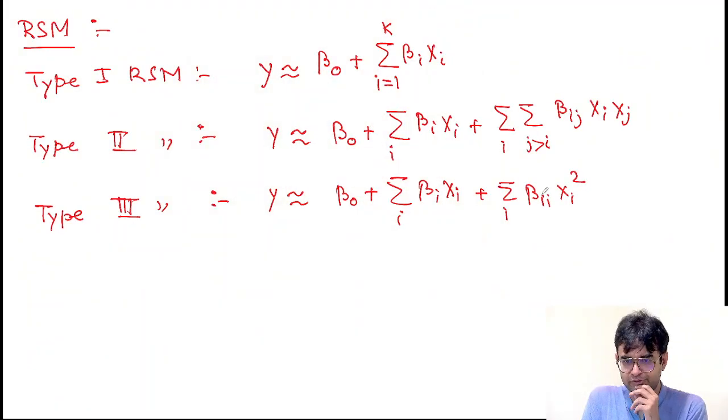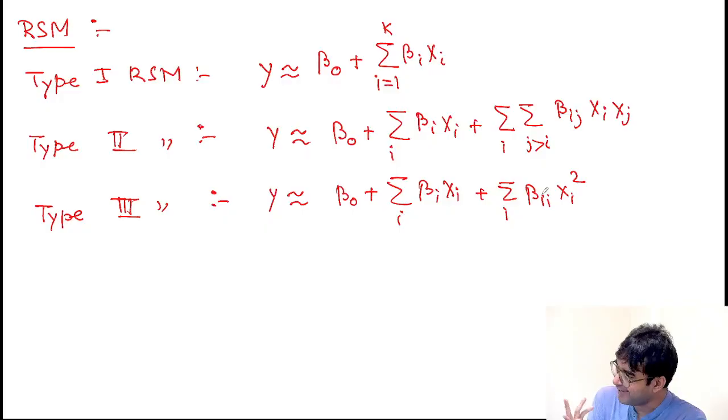And what do you think the last one will be? Type 4. There are 4 types. There is one more. What will change in that? No. They do not go up to that much order. It will be the same order. It will be a combination of type 2 and type 3.